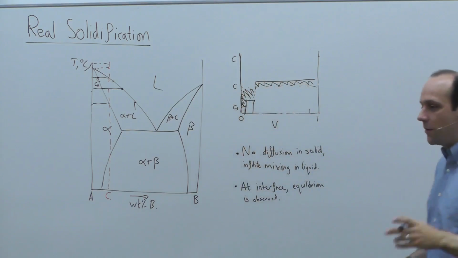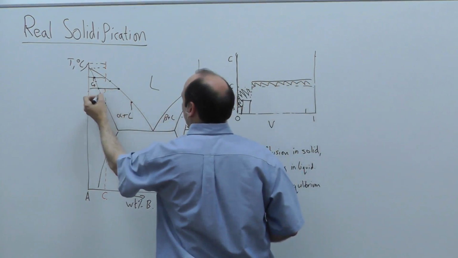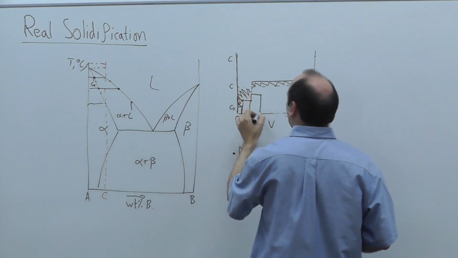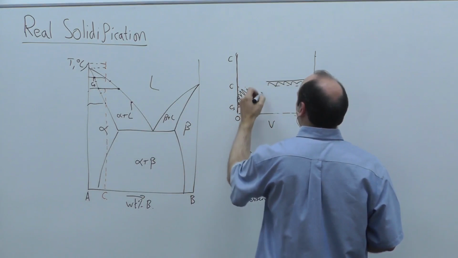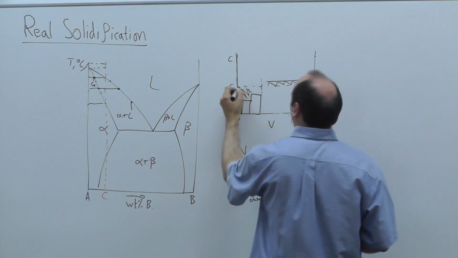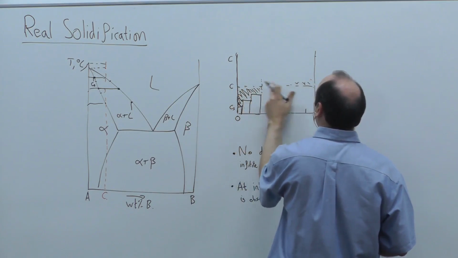And so as we go through solidification, we come down in temperature a bit further. The solid that forms at this new lower temperature gets a bit richer, and the interface moves along a bit. And then the liquid now has to be even more enriched.